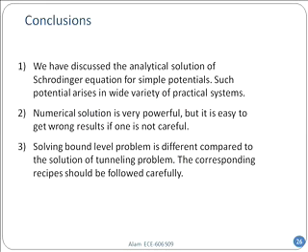What we have discussed is the solution of the Schrodinger equation. Now, these are analytical solutions, and as I mentioned, the way we have solved this particular problem, it assumes that the potential is piecewise constant.